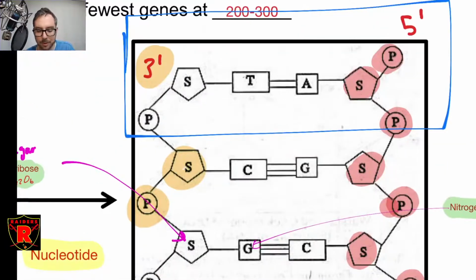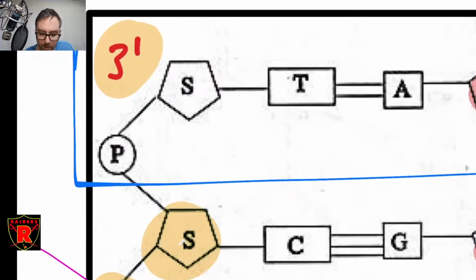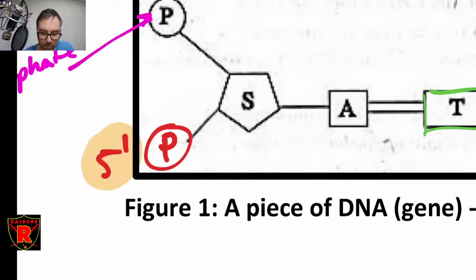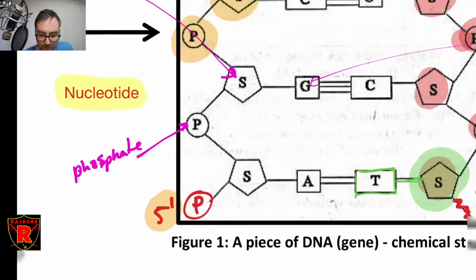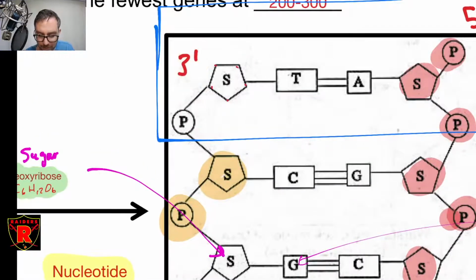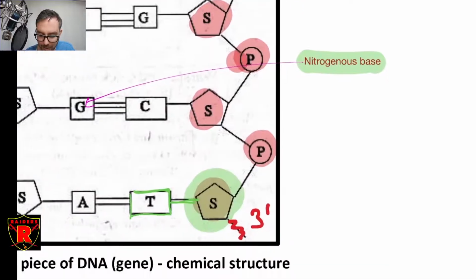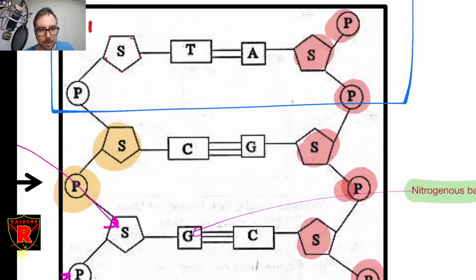What the 5' and the 3' mean is which carbon of the different carbons on the sugar is open. So the 3' sugar is open on this end, and on the other end here, the 5' sugar is open. But that is not something that you need to know in grade 11. This comes up in grade 12 quite a bit, but not in grade 11.